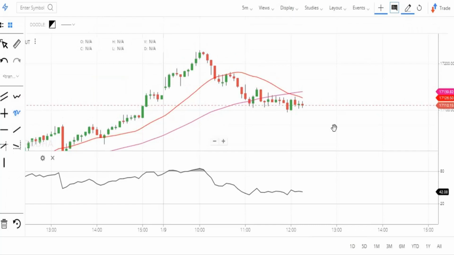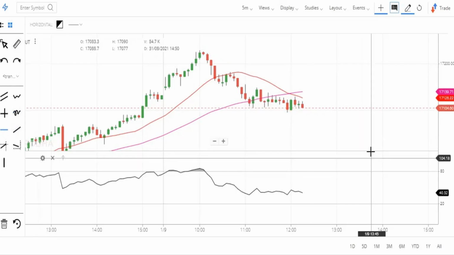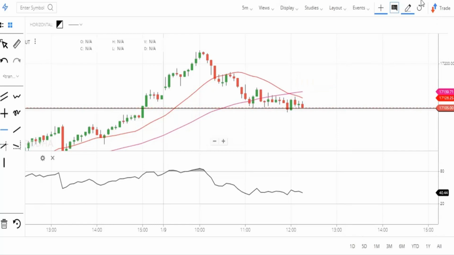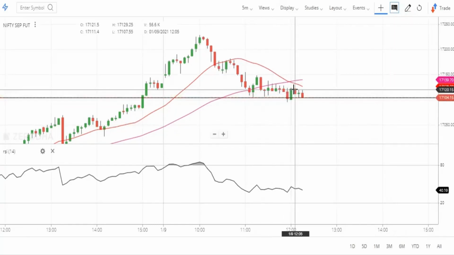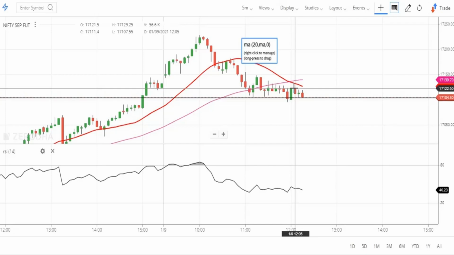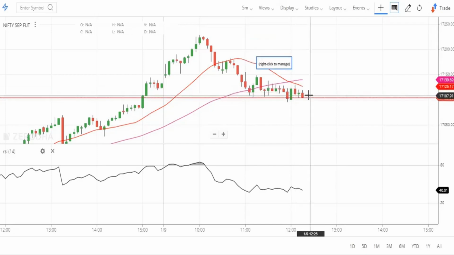And then we had this particular level where the market hunted the stop loss. This level was a support. What am I doing? Let me draw a straight line. This particular level was a support which the market broke, and it hunted those stop losses. What happens now? It is breaking that support again.